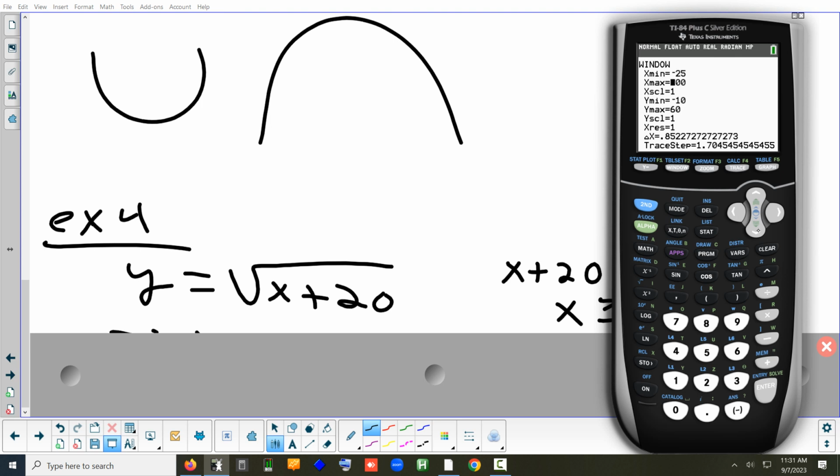What's the square root of 220 roughly? You need your calculator. Square root of 220? Like 2 square root of 55. You're looking for a decimal: 14.83239697. Okay, so it's about 15, because 15 times 15 is 225. We're looking for something times something that's 220. So 15 is roughly a good number for your y max.